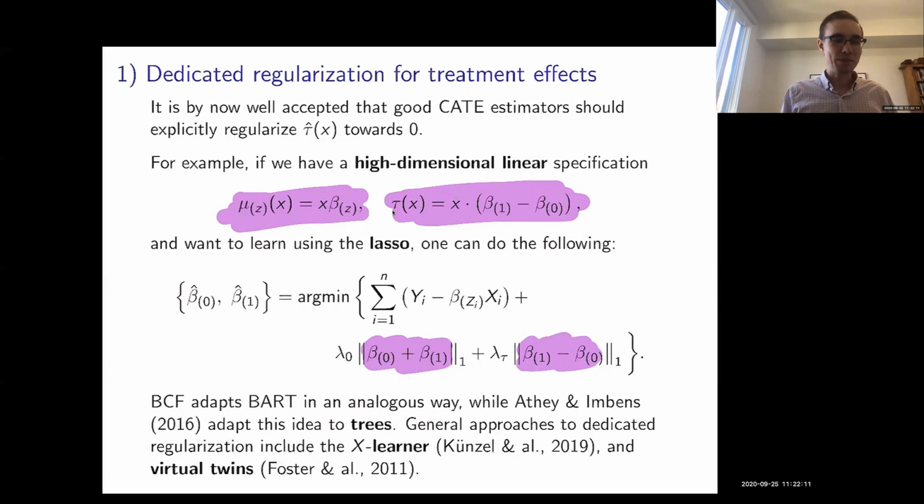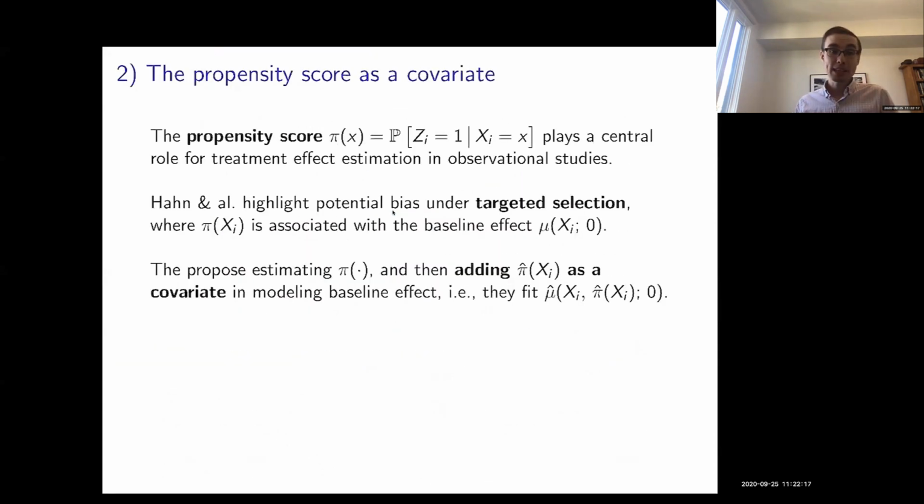I think you need to do something like this if you want to get good non-parametric CATE estimates. The second big thing in the BCF paper was to look at the propensity score. We know by experience that in observational study methods, the propensity score is always super important.